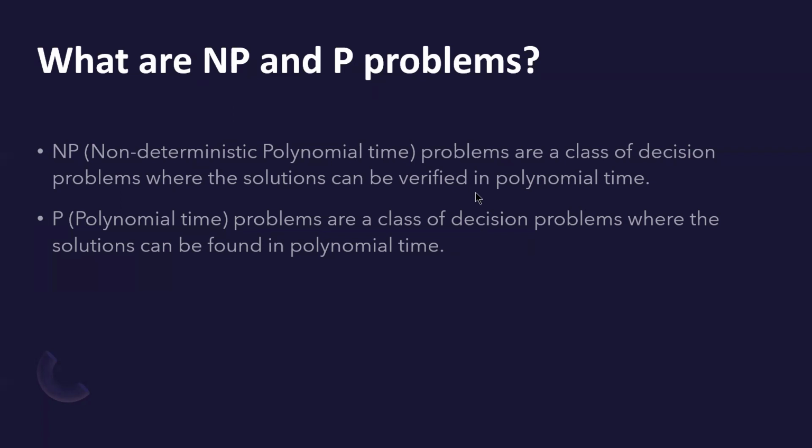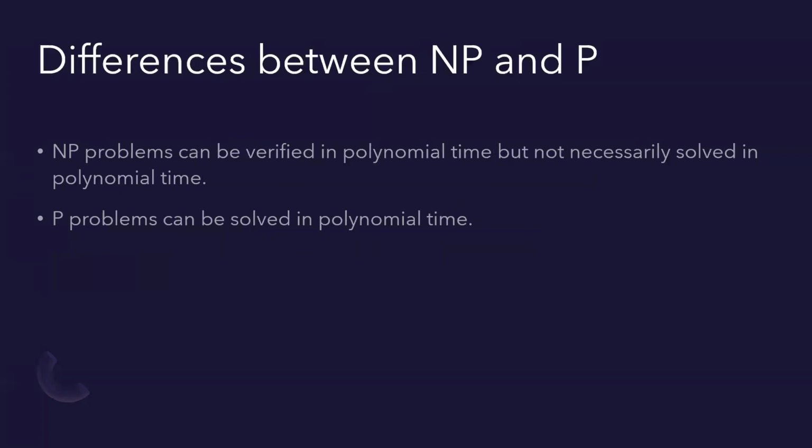Now, some of the main differences between NP and P is that NP problems can be verified in polynomial time. This means that while it's easy to check if the proposed solution is correct, finding the solution itself might be challenging and time-consuming. P problems, on the contrary, can be solved in polynomial time. This means that efficient algorithms exist to find solutions for these problems quickly, even as the input size grows.